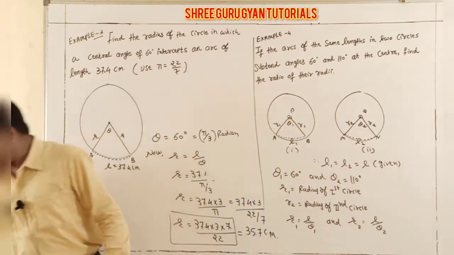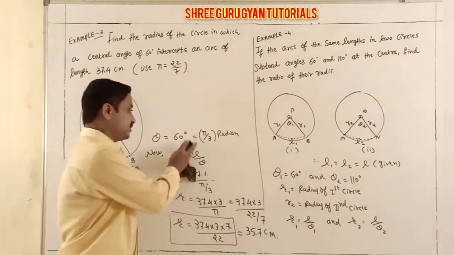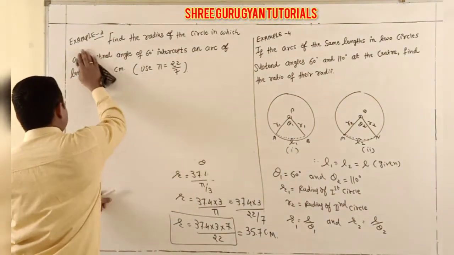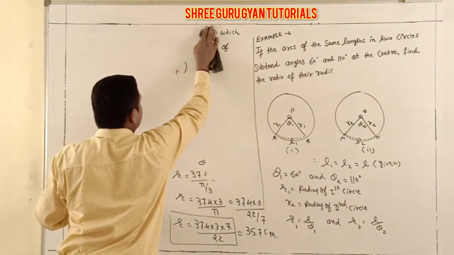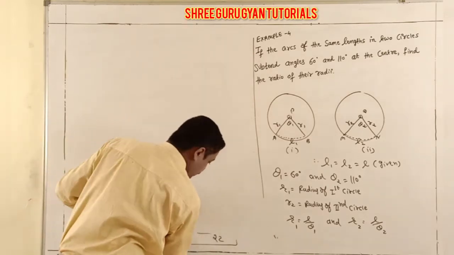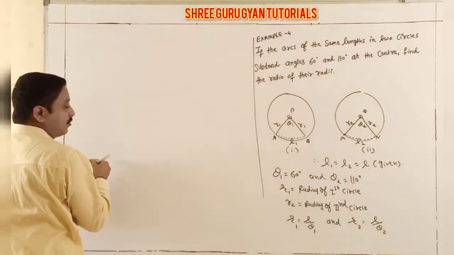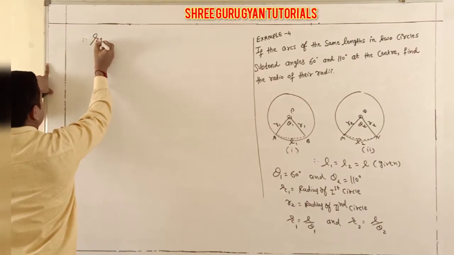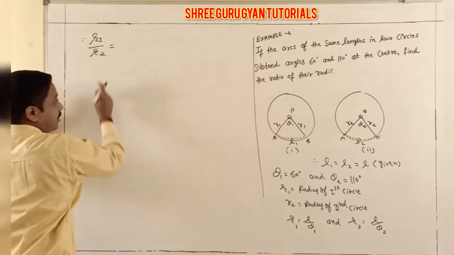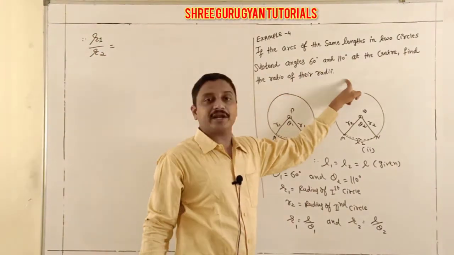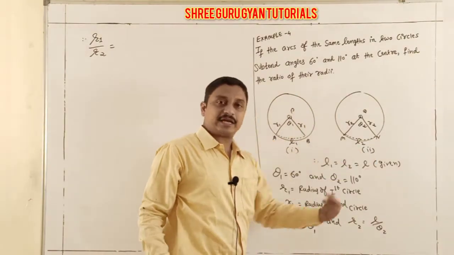So apply the values. What is our ratio? Our ratio R1 by R2 is my target. Read the question one more time: find the ratio of the radii, respectively R1 and R2.